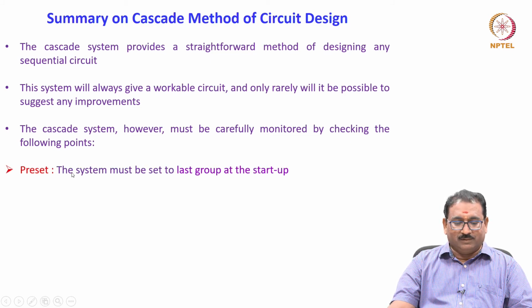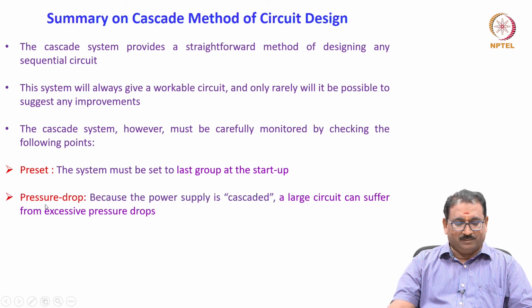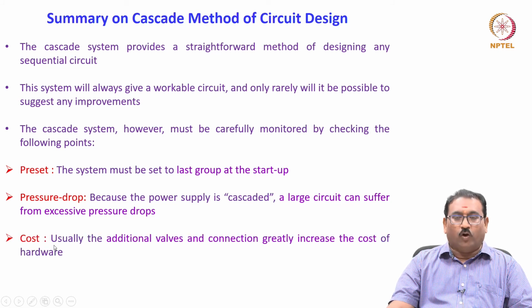Preset: the system must be set to the last group at startup. The additional valves and pressure drop: because the power supply is cascaded, a large circuit can suffer from excessive pressure drops. Cost: usually the additional valves and connections greatly increase the cost of hardware.